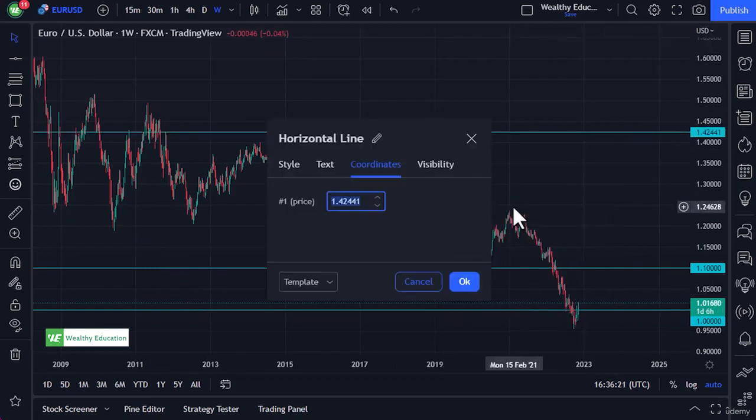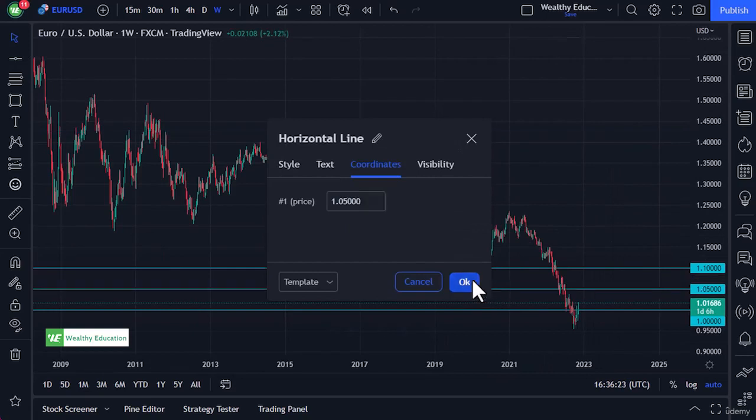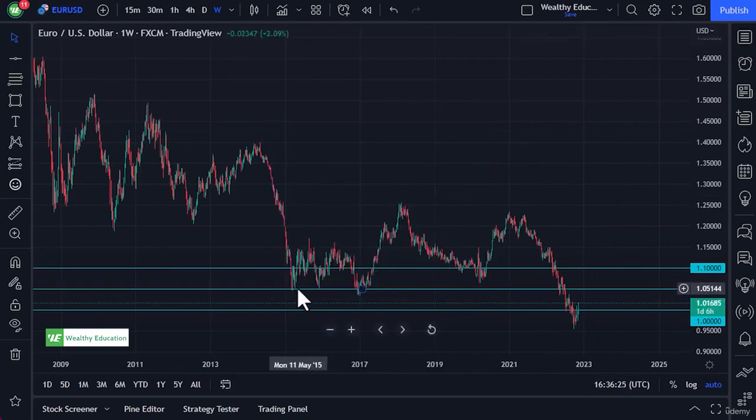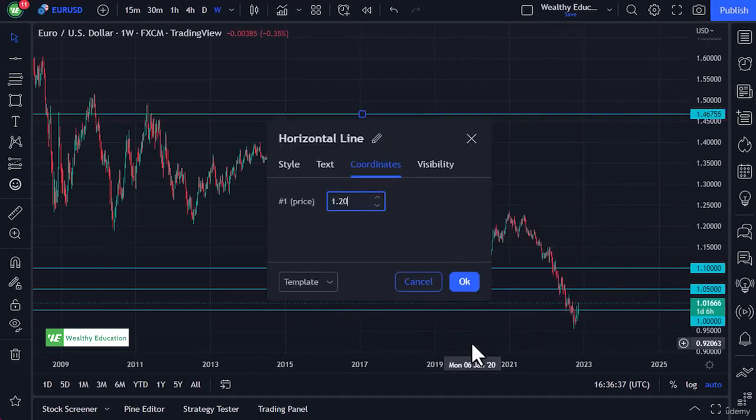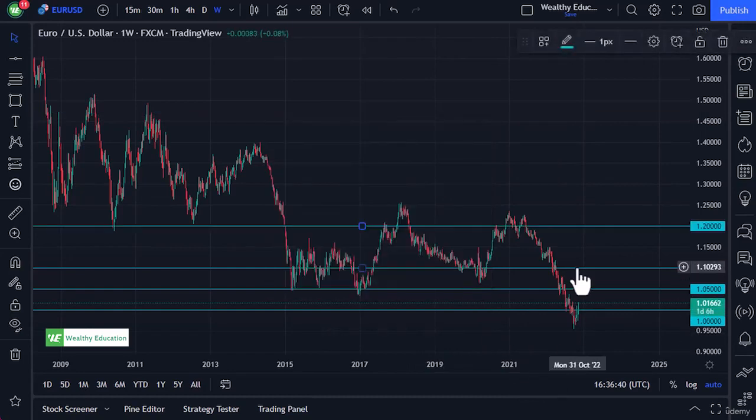Let's take a look at 105. 105, I think, is even more important. You can see that we bounced from there 3 times, kind of consolidated there, and then broke down. Let's do 120. You can see 120 has been important multiple times.